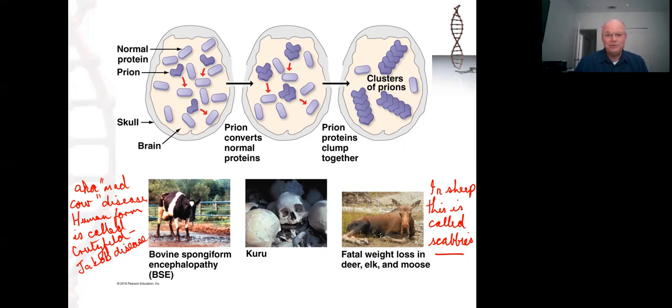It was just too risky, because it's just coming in contact with these misfolded proteins. That's all it takes. Scary diseases.